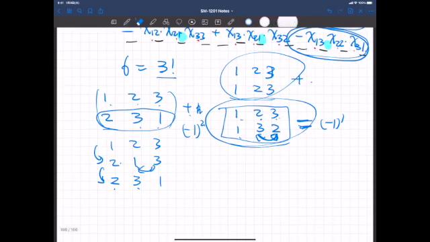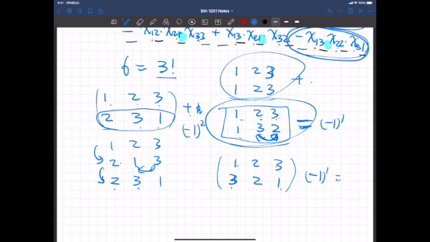In this case, 1, 2, 3 are paired with 3, 2, 1. We can swap 1 and 3 once, so that is negative 1 to the power of 1, which is negative 1. So that's the sign here.